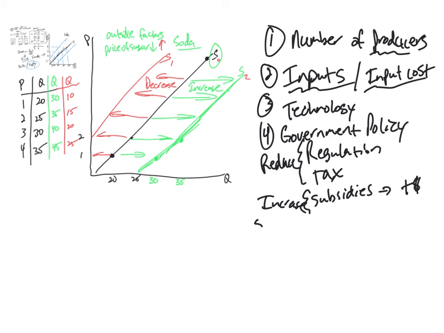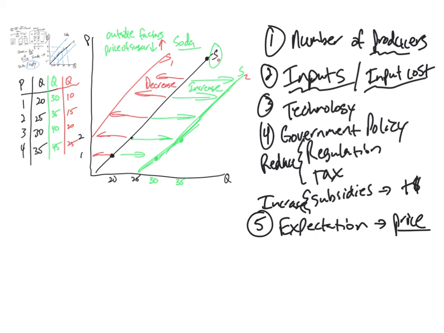The last one, the fifth one, is expectations. Expectation is like knowing or believing that a price is going to change in the future. If I believe that the price is going to go up in the future, I'm going to decrease my current supply so I can supply more in the future.